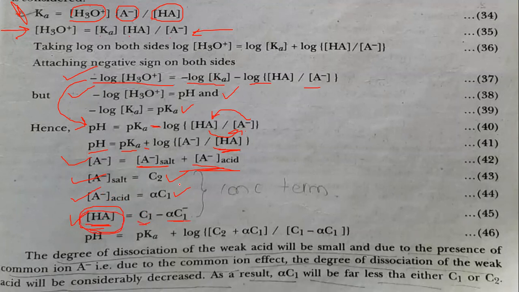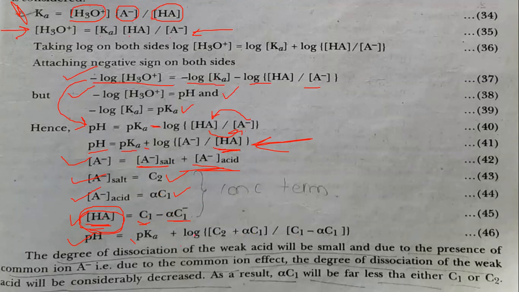Now putting these values in the above equation, putting equations 43, 44, 45 in equation 41, we get pH is equal to pKa plus log of C2 plus alpha C1 upon C1 minus alpha C1.